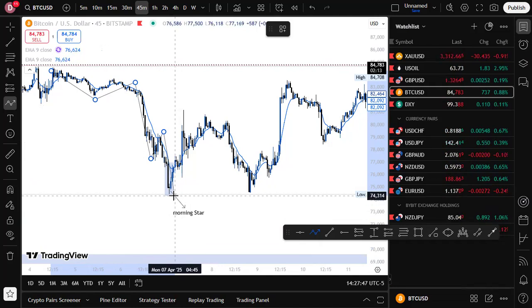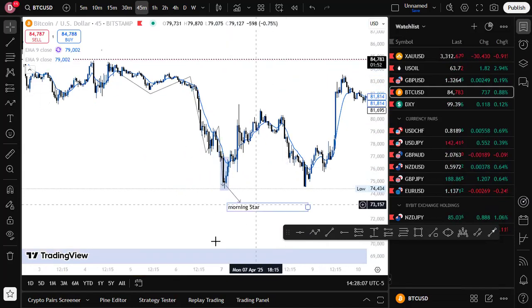There's a possibility that it will reverse to the other side, meaning that it will start pulling back up, because it's reversing from going down to going up.